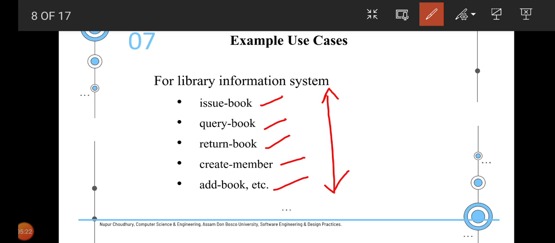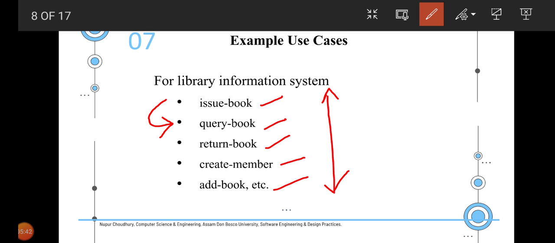Both of them are two different use cases. However, issue book will be dependent upon the query book use case, because if the query book use case result is positive, that means the book is available, then only you can issue the book.